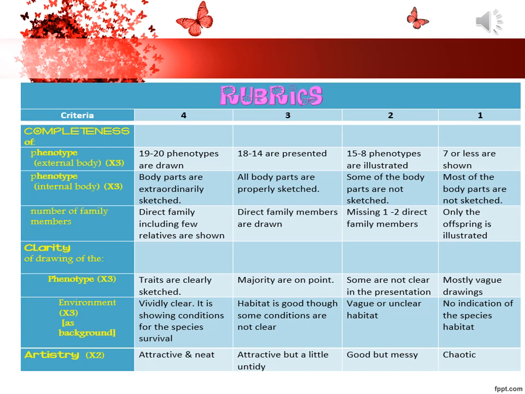Again, both biotic and abiotic factors. The planet in the universe, where they really can survive for a long time. And last, of course, artistry: the neatness, the attractiveness, the uniqueness of your drawing is also graded here.